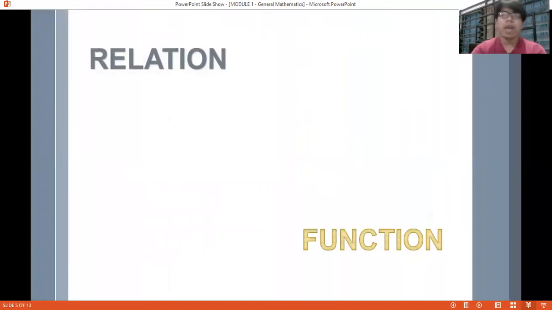So do you have any idea about the meaning of relation and function? Okay, none. So I will give you some trivia and information about the relation and the function. Relation is a set of ordered pairs in terms of mathematics.